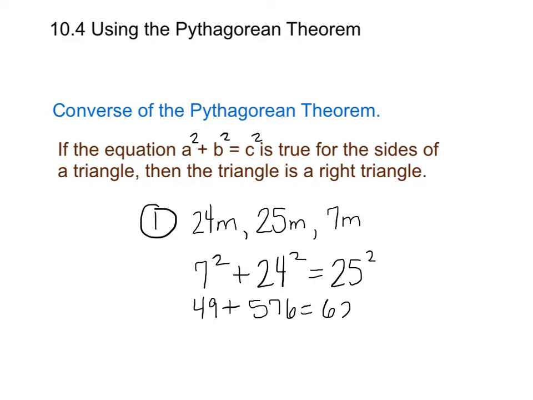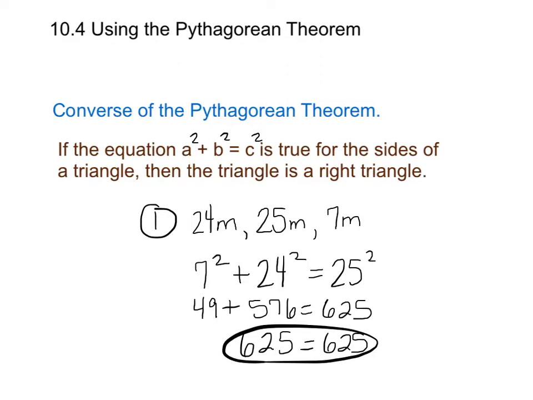And 25 squared is 625. 49 plus 576 is 625, which does equal 625. Therefore, yes, that does work. And yes, these three numbers are a triangle.